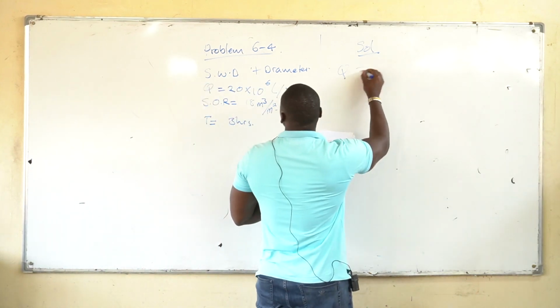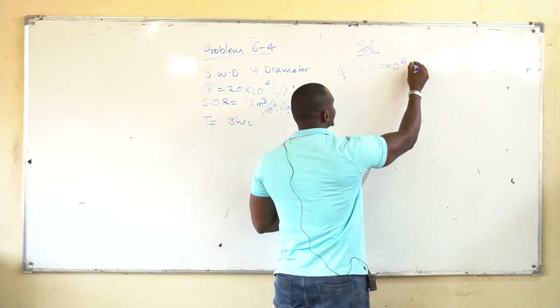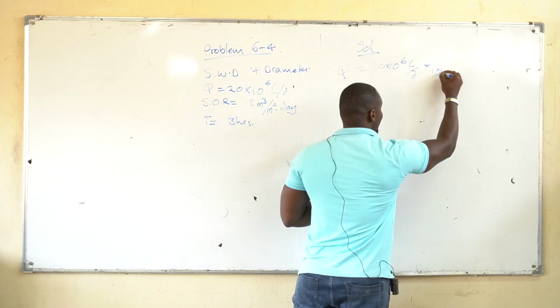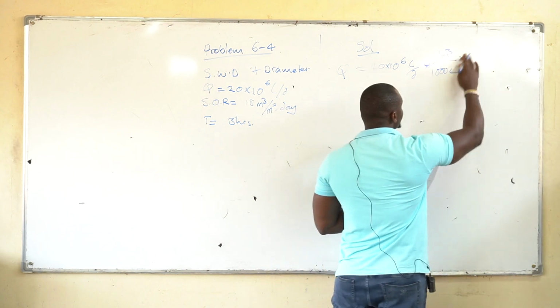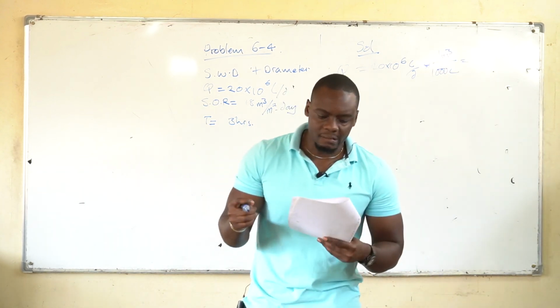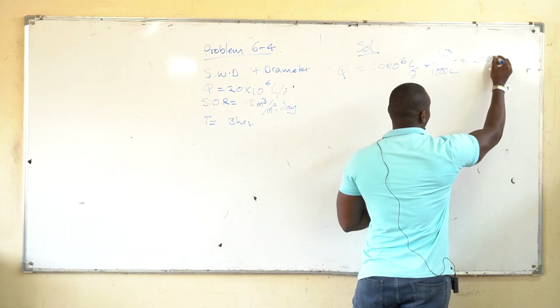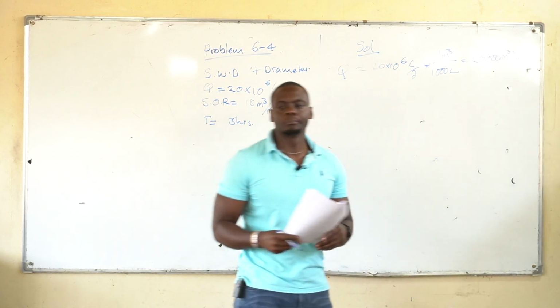All right. So we have 20 million liters per day. You and I know that 1,000 liters will always give you 1 cubic meter, but the day just remains the same, so we leave it at that point. If you calculate this well, it should give you 20,000 cubic meters per day.